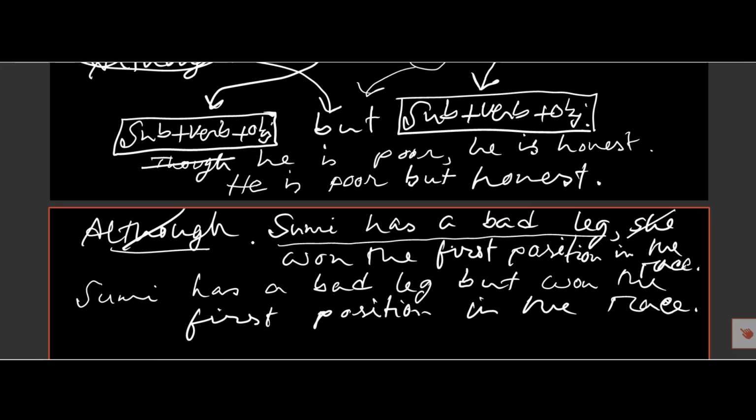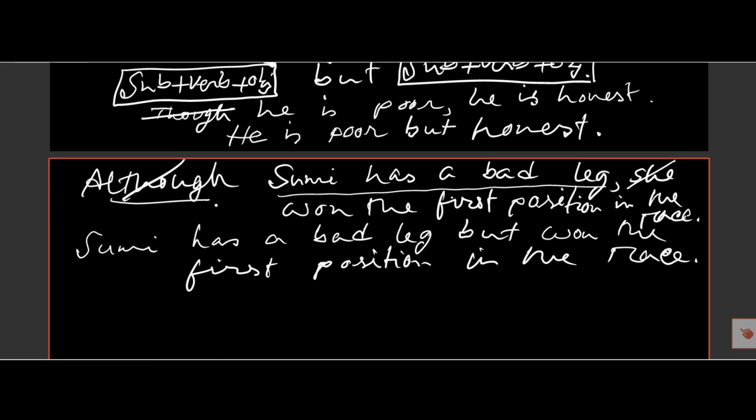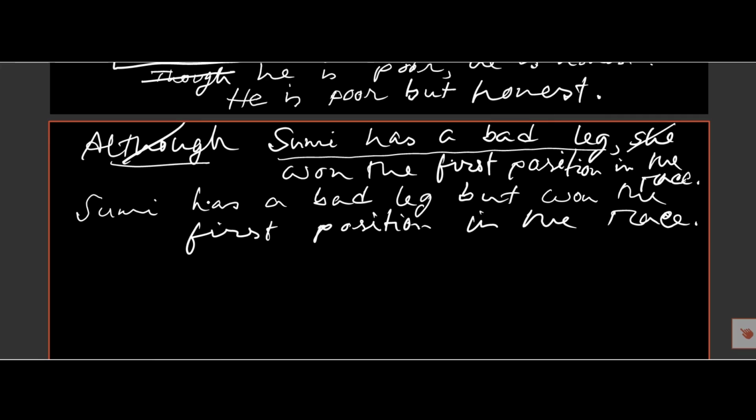So we begin from this part, Sumi has a bad leg, and removing although, instead of although we put "but", and the other part follows: won the first position in the race. So this is another structure of complex to compound.